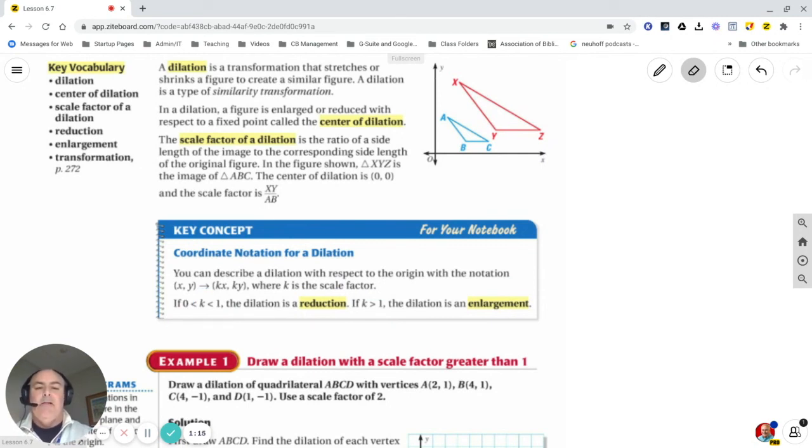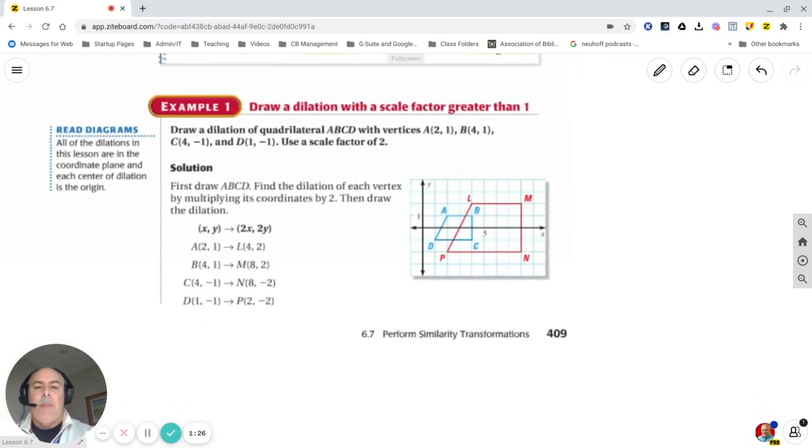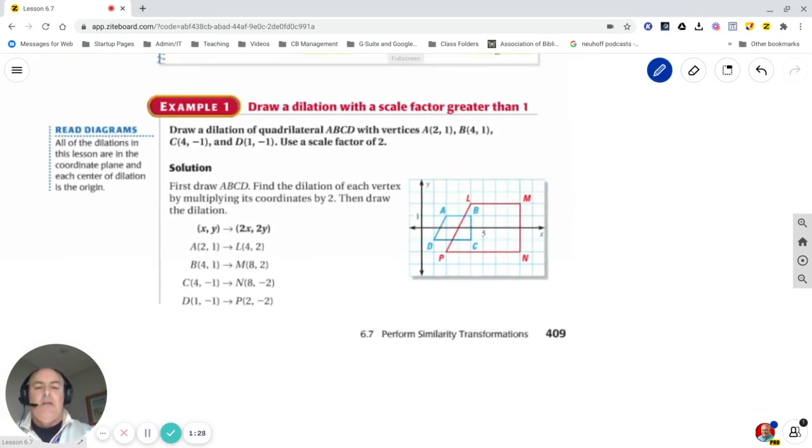So greater than 1 is an enlargement, less than 1 is a reduction. And the scale factor, in what we're going to be doing in 6.7, gets applied to every single coordinate point from one figure to the next. In this example, I have a quadrilateral, and I'm given the 4 coordinate points. That's my drawing here in blue.